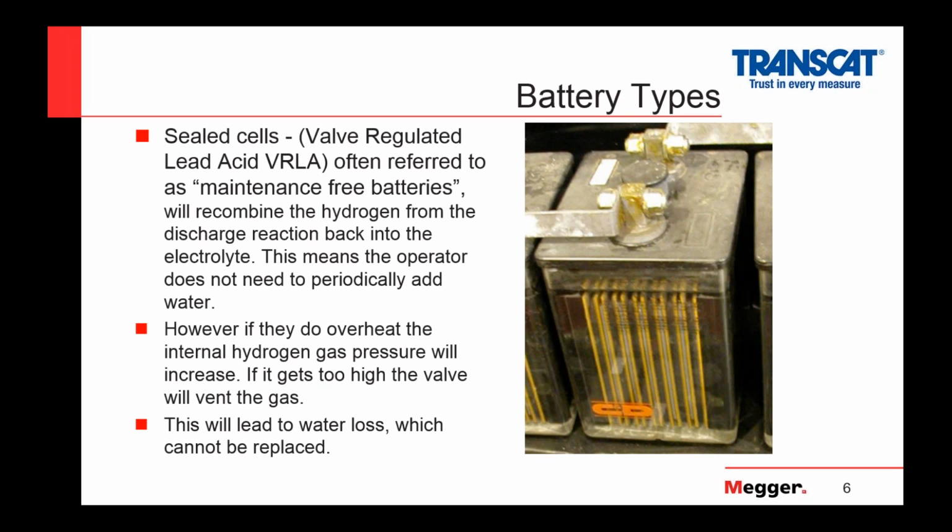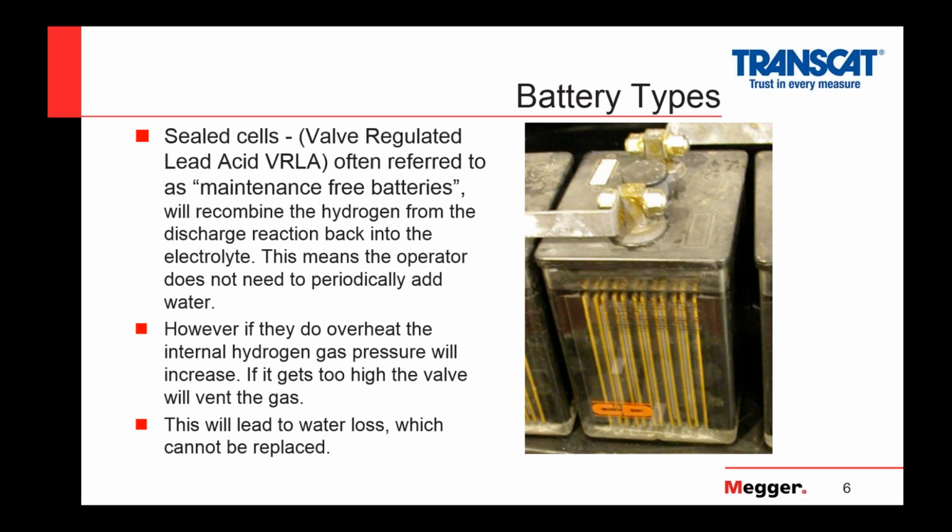Now, another type of lead-acid battery is the VRLA battery, valve-regulated lead-acid. These are often referred to as sealed batteries or maintenance-free batteries, which is sort of a misnomer because they technically require more maintenance. Now, with these batteries, they don't release hydrogen gas normally. What they do is they have a reaction that recombines the gas, the oxygen, back into the electrolyte.